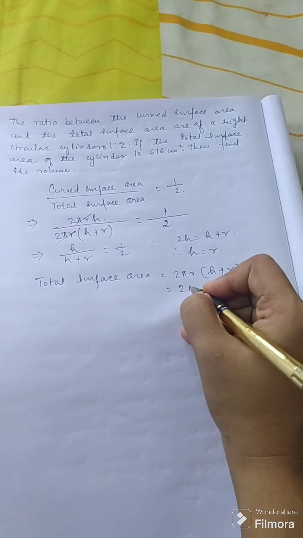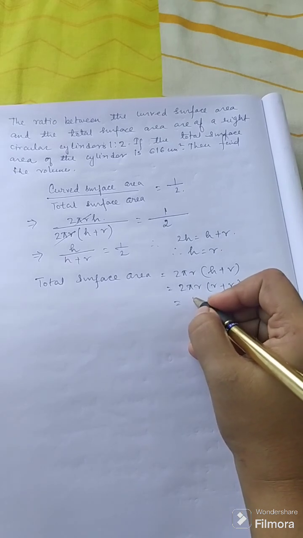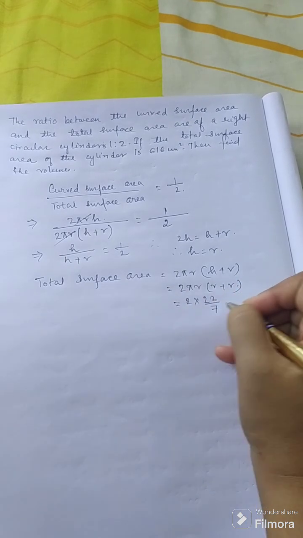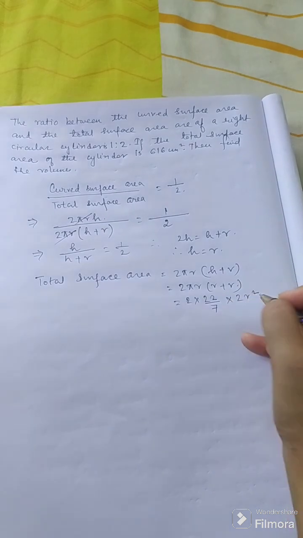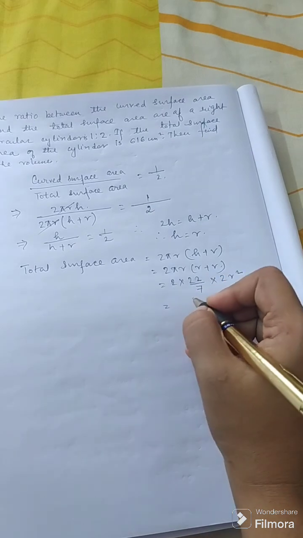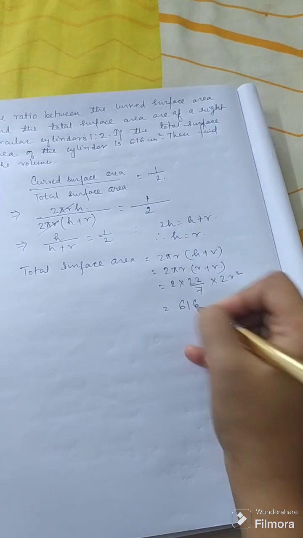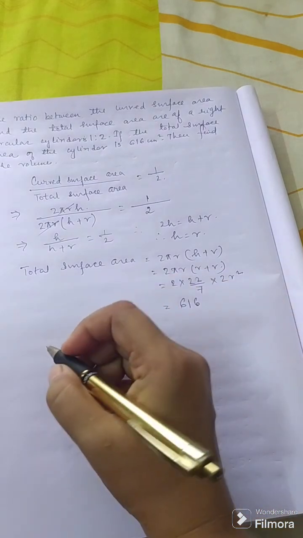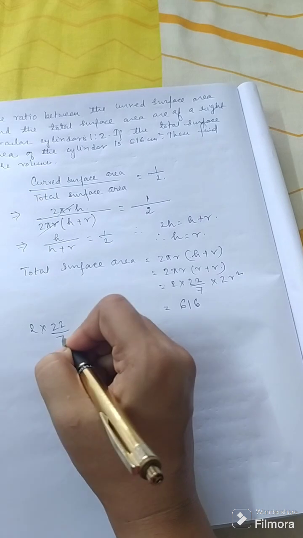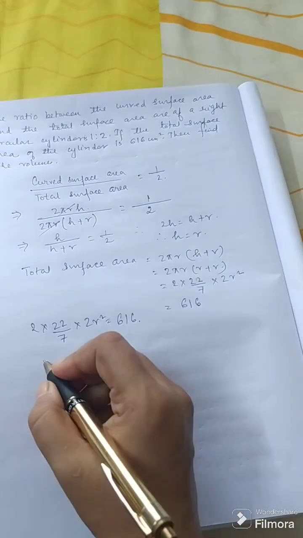So, it will be 2 pi r (r plus r), that is 2r. So, it will be 22 by 7 into 2r square, which equals 616, right? So I am writing it here like this: 2 into 22 by 7 into 2r square equals 616.